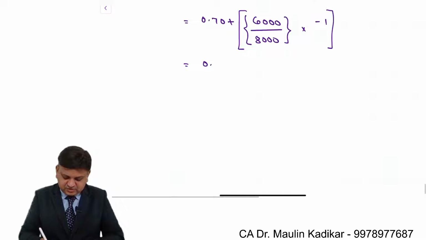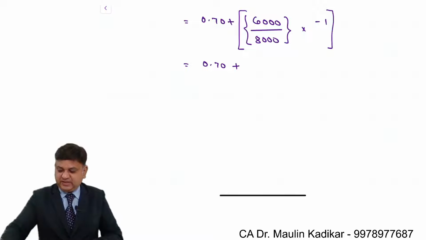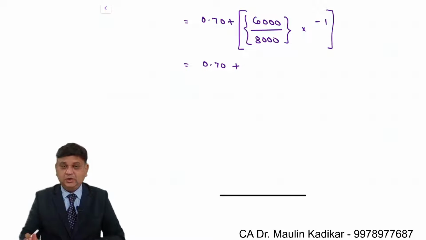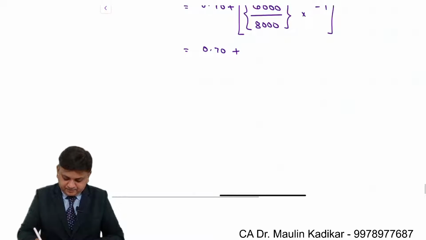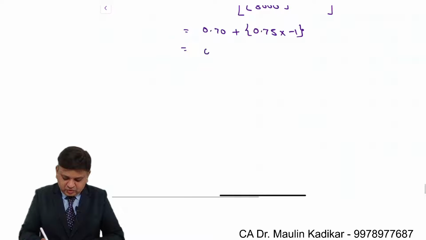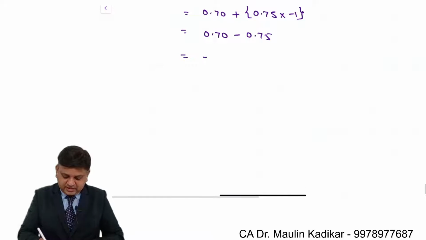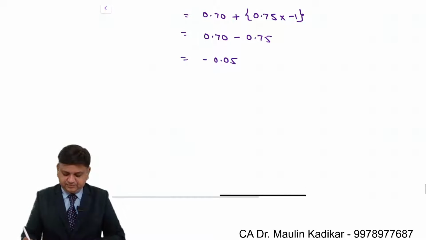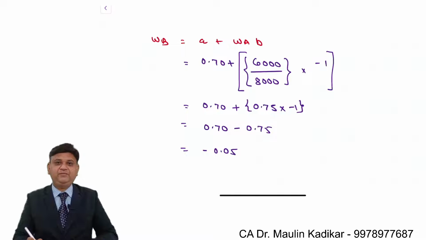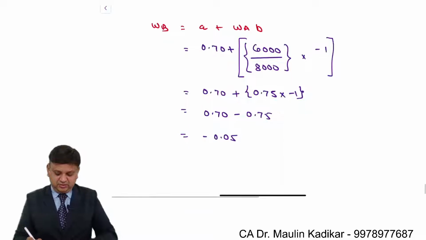It is 0.70 plus 6,000 divided by 8,000, that is 0.75, into -1. So 0.70 minus 0.75, and the answer will be -0.05. This is the way we will have the answer of WB.